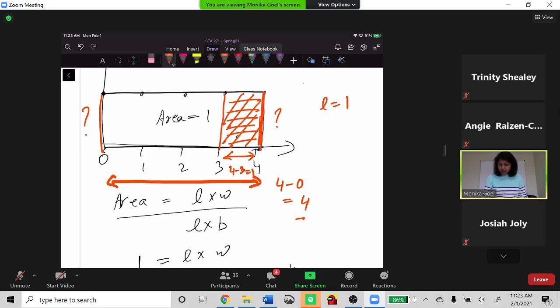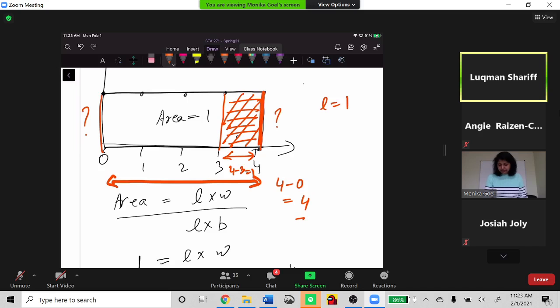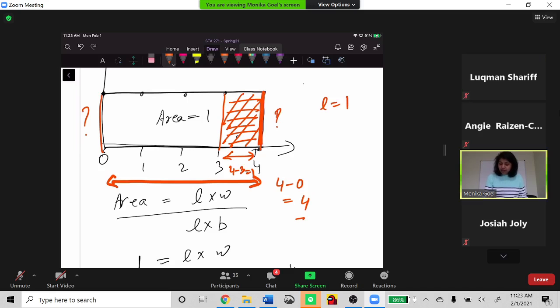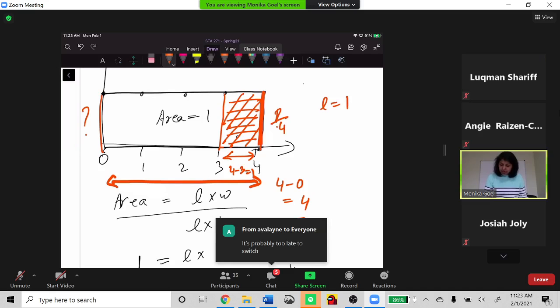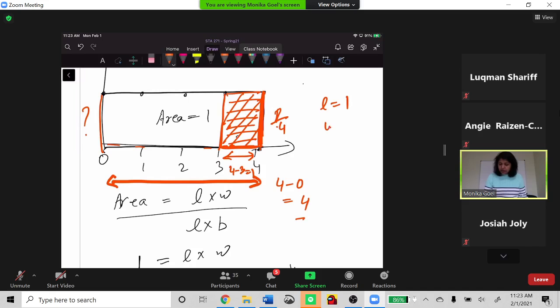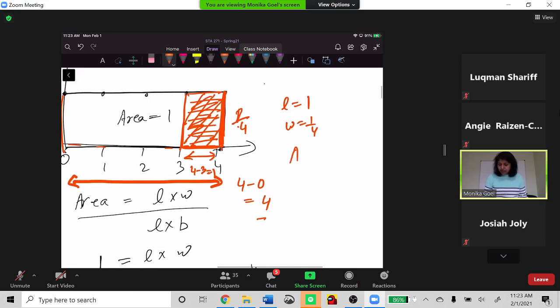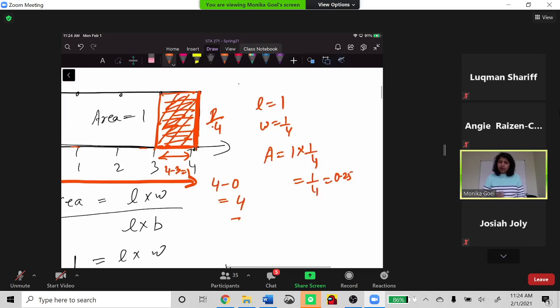What do you think the width? Will that be 1? 1/4. So your width is not going to change. You are looking for the area of this particular part, I'm not talking about this whole. So my length is less, but my width is still 1/4. So when you are looking for the area of this particular part, we know that area is 1 times 1/4. So this is 1/4 or 0.25.